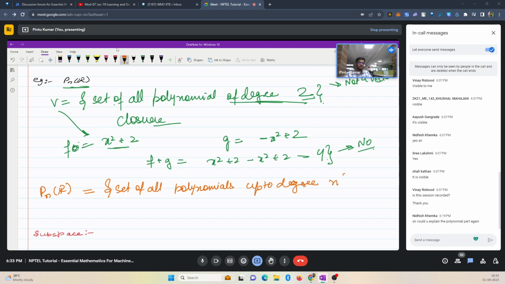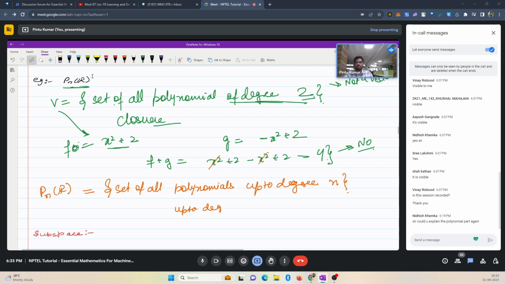So what does up to degree n mean? Let's say if you are looking at set of polynomials up to degree 2, you are also including polynomials which have degree lesser than 2. So that when you add them up, if the higher order gets cancelled, whatever you obtained is still an element of this set.